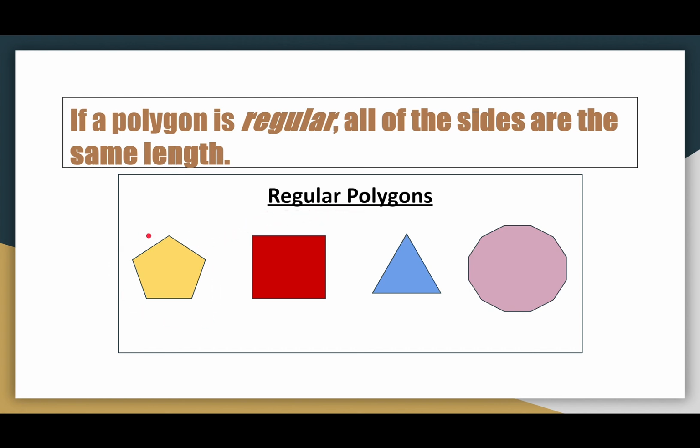We have a pentagon, a square, a triangle, a 12-sided polygon. All of the sides within each shape are equal. So we can say they are regular polygons: a regular pentagon, a regular square, an equilateral regular triangle, and a 12-sided regular polygon.